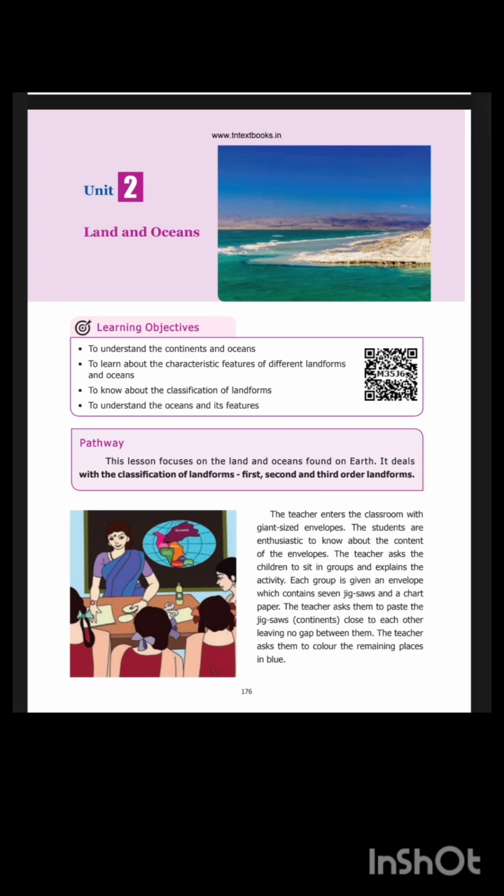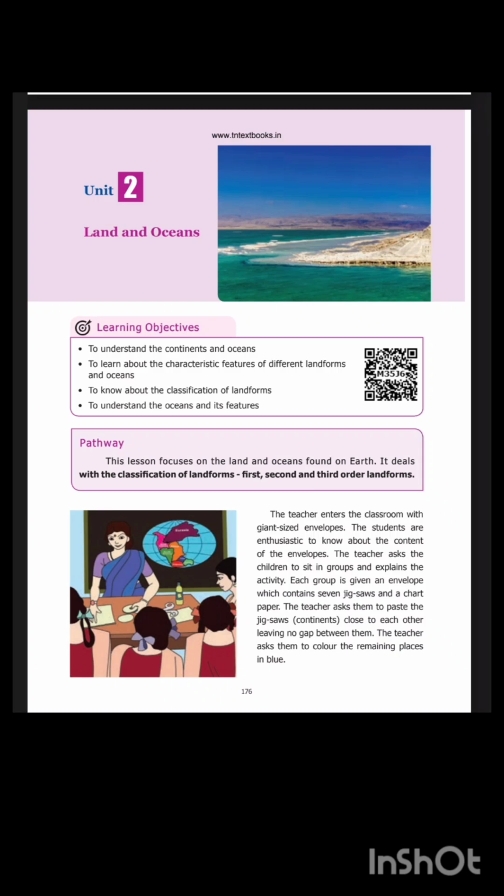Third order landforms. Third order landforms are formed on mountains, plateaus, and plains mainly by erosional and depositional activities of rivers, glaciers, winds, and waves. Valleys, beaches, and sand dunes are some examples of third order landforms.